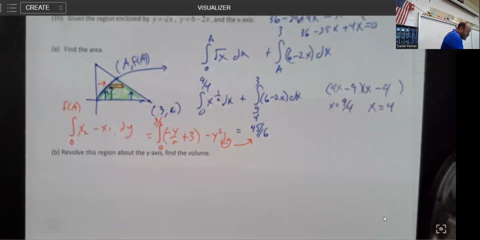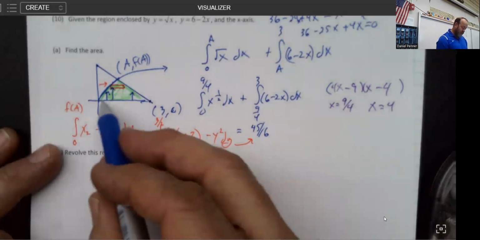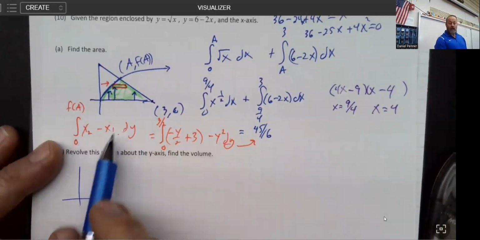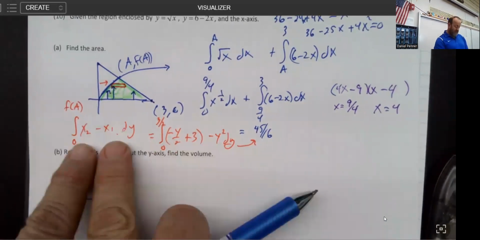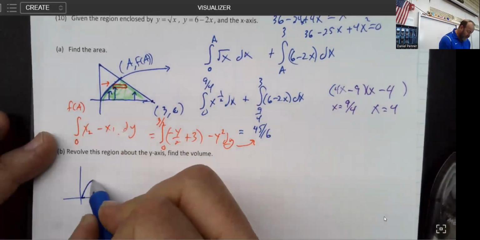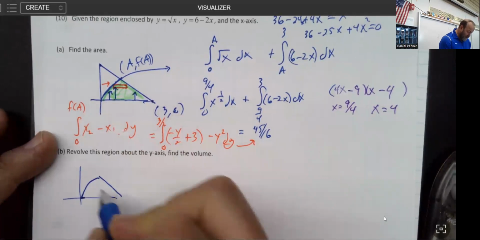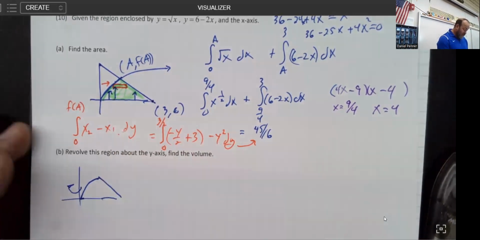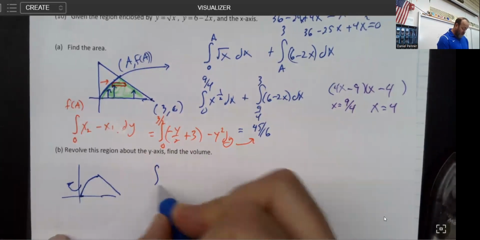We are now going to attempt to revolve this crazy shape about the y-axis. And part of the reason I wanted to look at it through this red set of values is because that's really what it takes to do this problem and revolve it around the y-axis. Because you, yet again, are going to integrate the far curve.